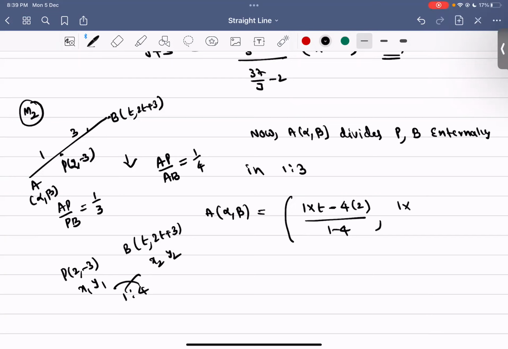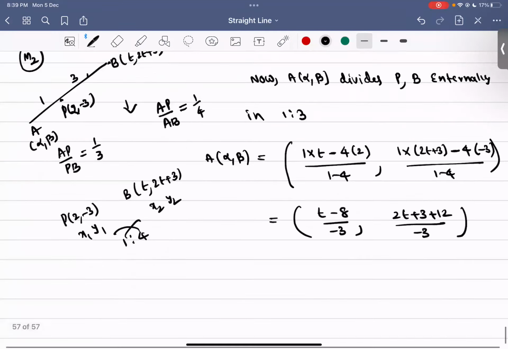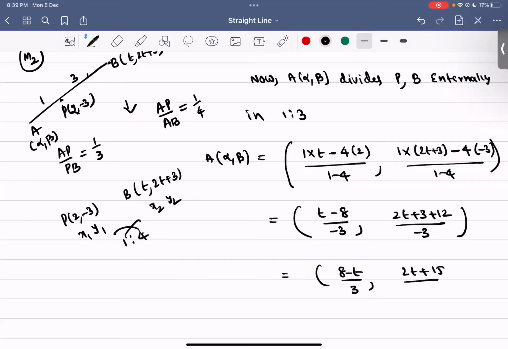So this is equal to T minus 8 by minus 3, which is 8 minus T by 3. Next, m y2 minus n y1: y2 is 2T plus 3, and 4 into minus 3, by m minus n. So this is 2T plus 3 plus 12 by minus 3, which is 2T plus 15 by minus 3.